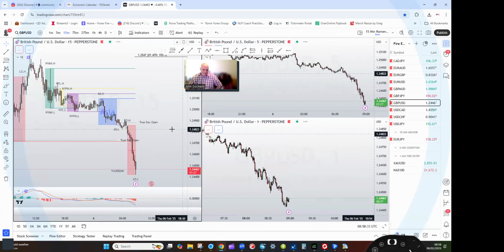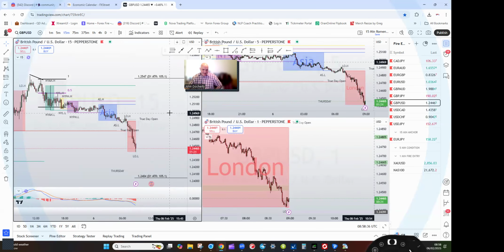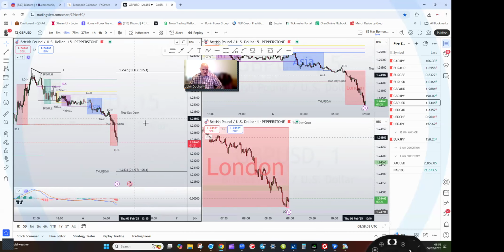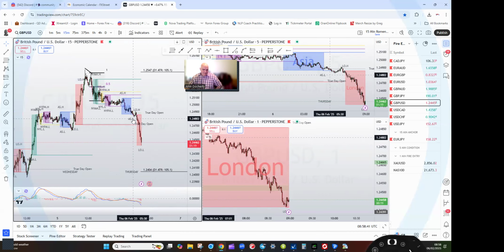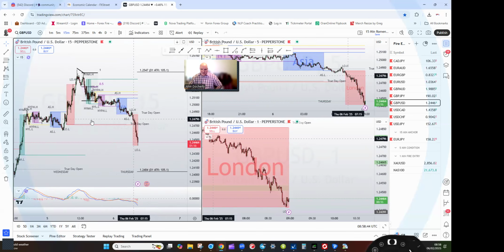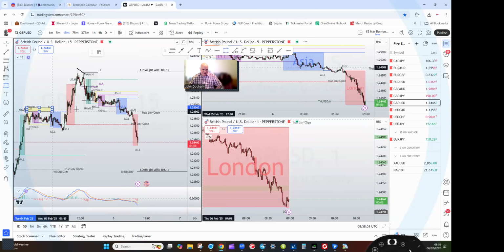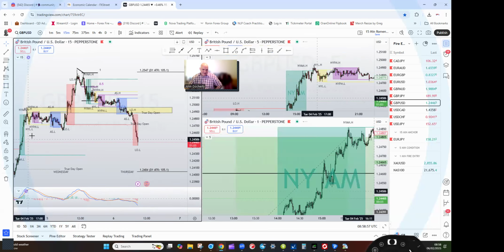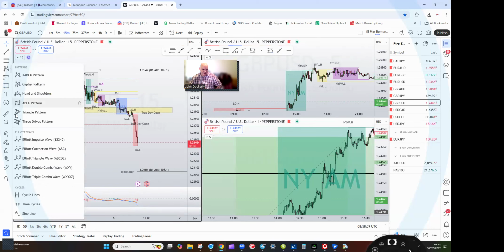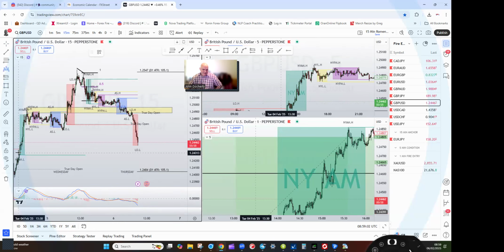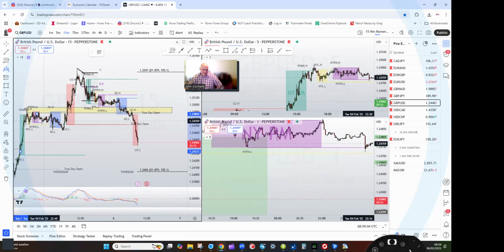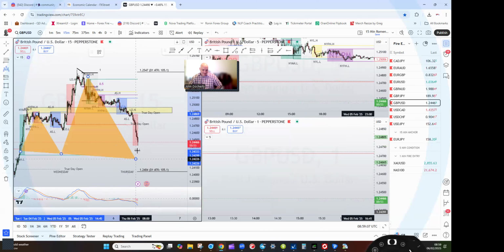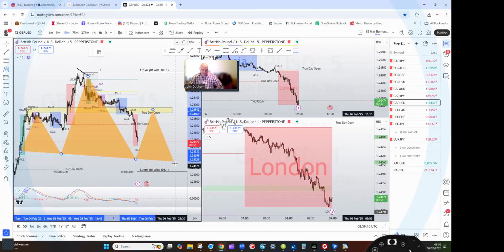The GU massively came out of here. Let's just take a look. So similar to the EU, left shoulder will come down, head, bang, will possibly come back to test into a right shoulder area here for price to do that sort of thing.